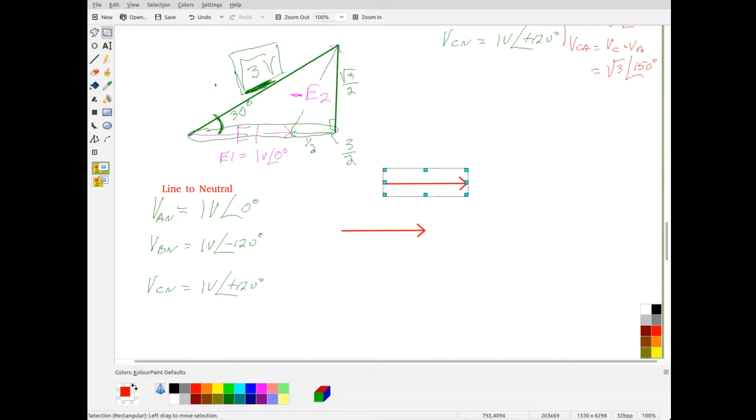And I'm going to take this here and add this up. So I'm going to rotate this by 120 degrees, and I'm going to throw it in there.